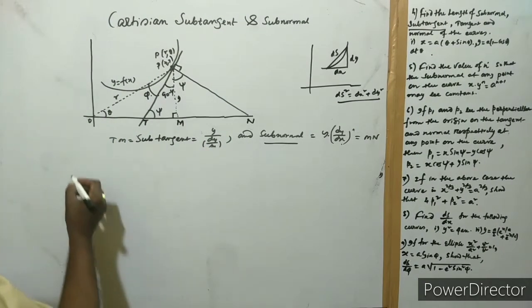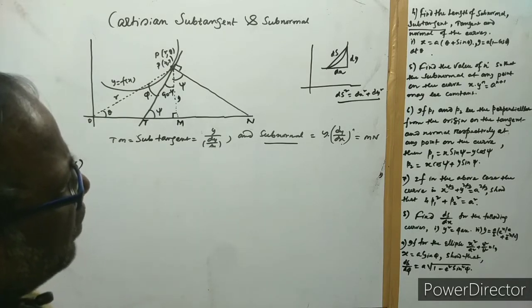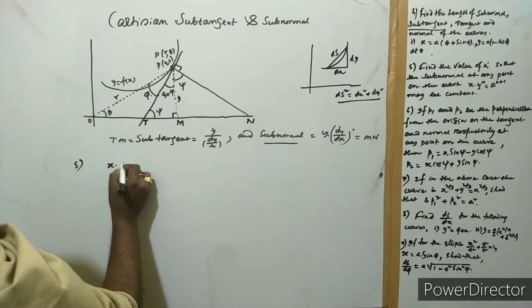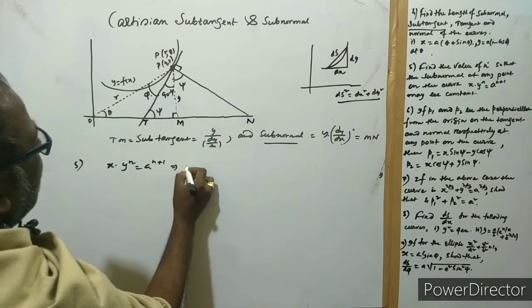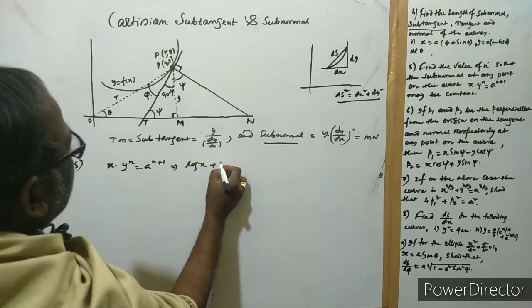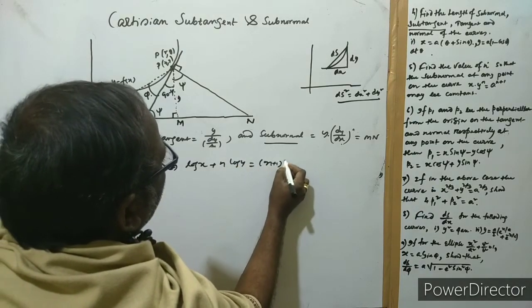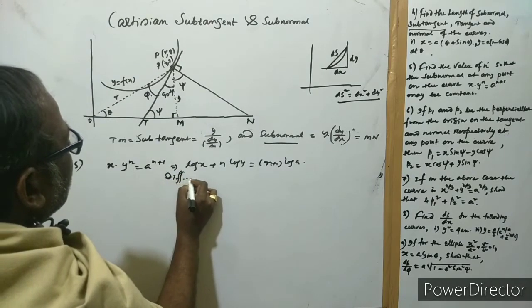Now question number 5. Find the value of n so that the subnormal at any point on the curve x y to the power n equals a to the power n plus 1 is constant. Take a log on both sides and differentiate both sides with respect to x.